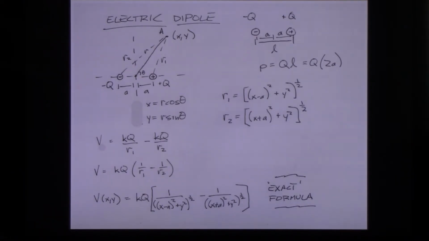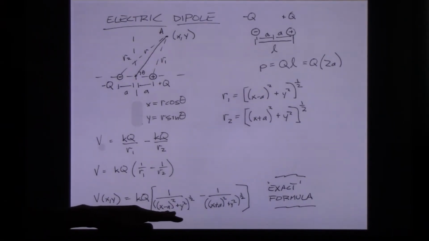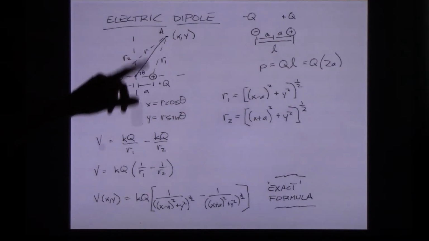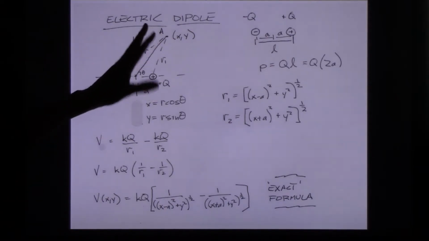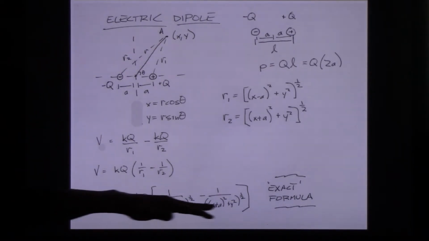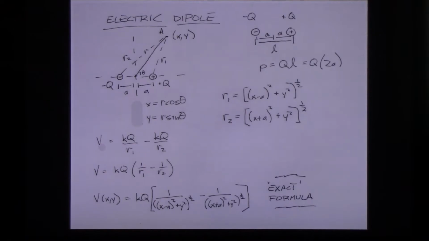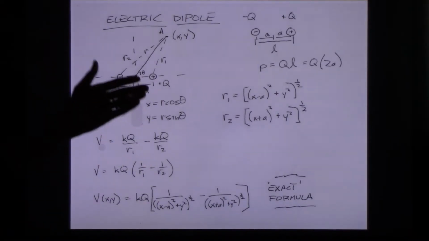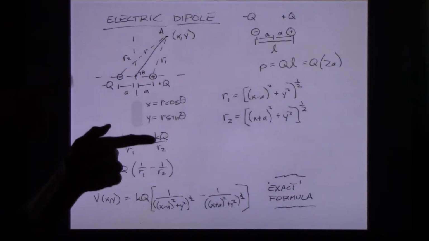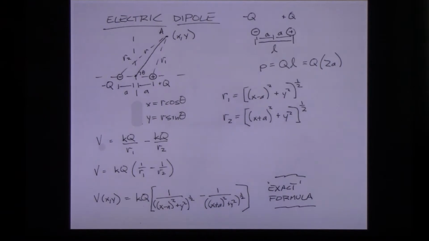They ask us to derive a formula for the electric potential at any location surrounding these, and I can write that as the potential as a function of x and y at every location in space is given by that formula. Now, we could have done z, but we don't really need to do z because I can take the picture that I have and I can rotate it around the x-axis.